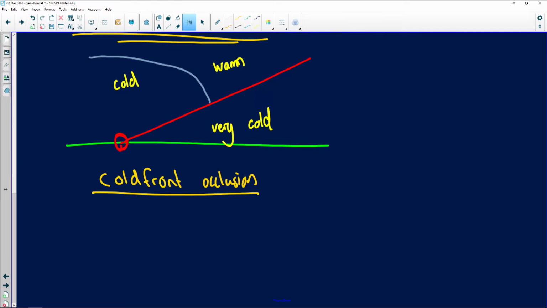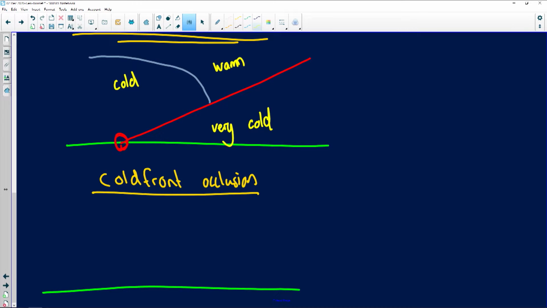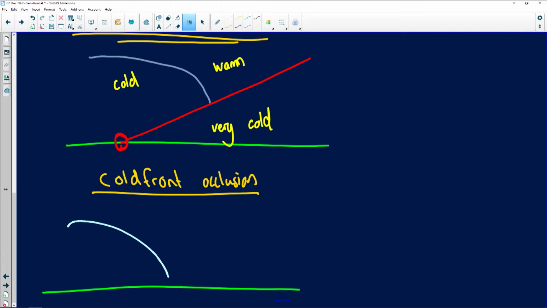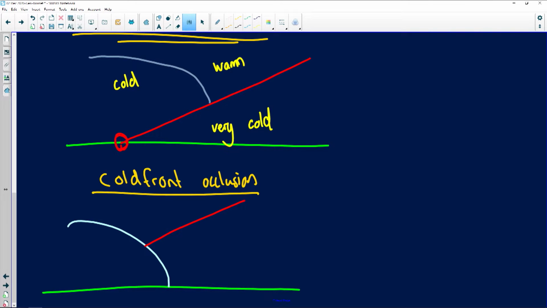When we look at the cold front occlusion, once again, the cold front catches up with the warm front. The cold front will attach itself to the surface as such. The warm front will attach itself to the cold front.